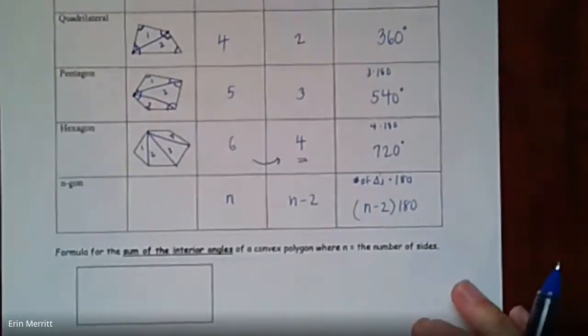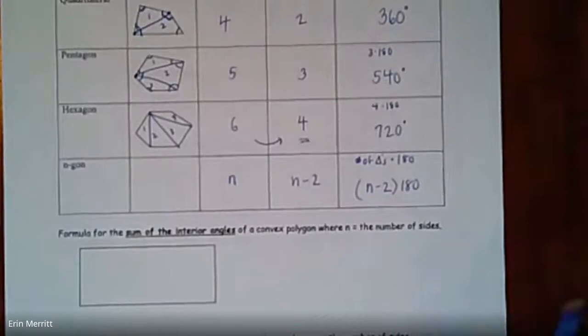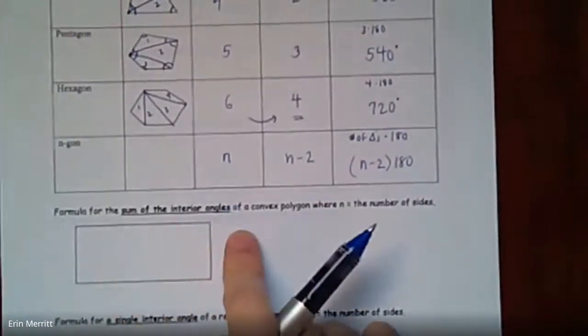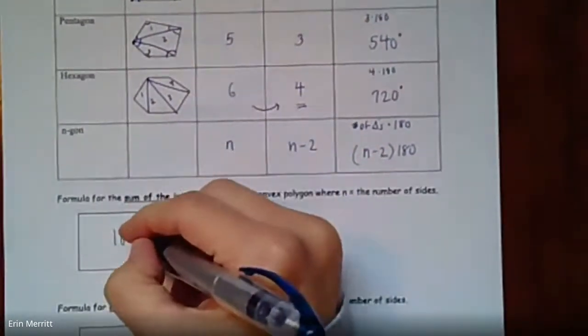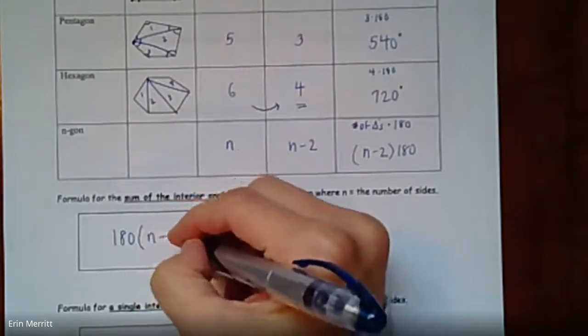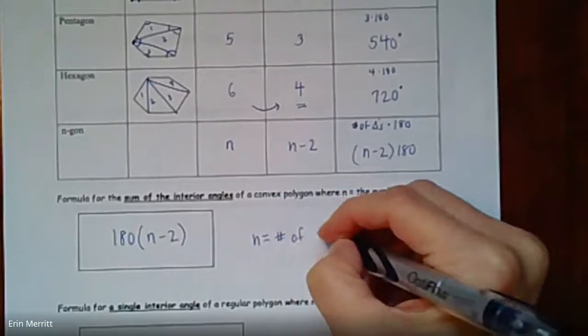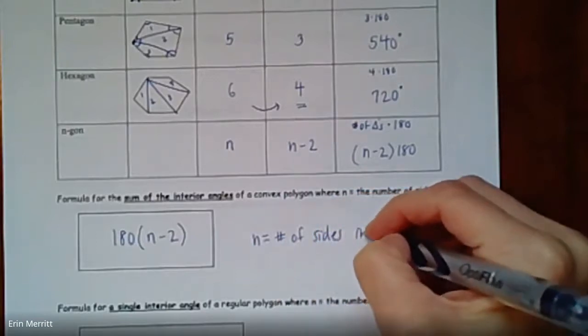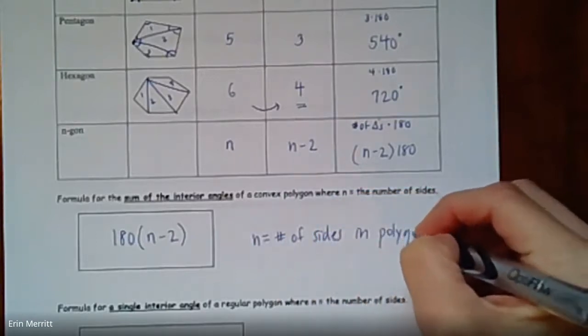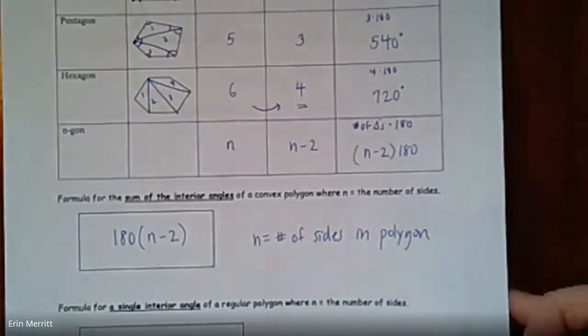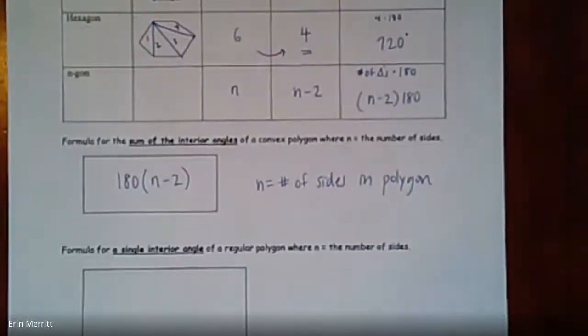Now it looks a little weird to put the 180 at the end, so I'm going to flip it around. So when it says the formula for the sum of the interior angles, it's always 180 degrees times the number of sides minus 2. So n is equal to the number of sides in the polygon. All right. And it's because of that fun little pattern of how many triangles you can fit in there.